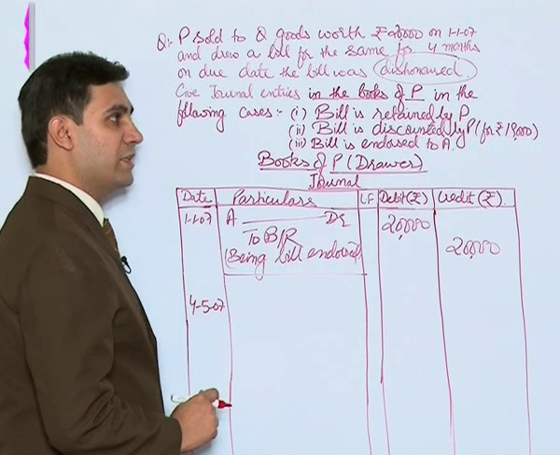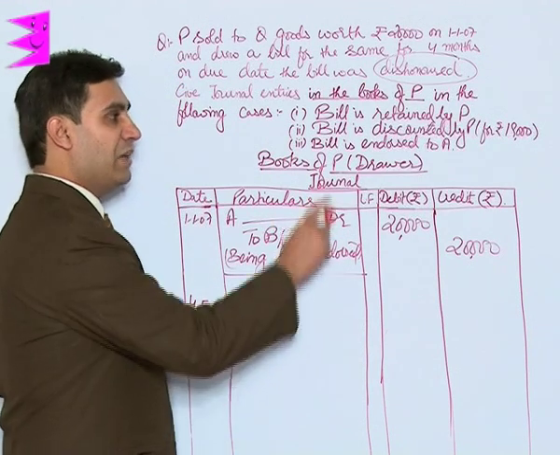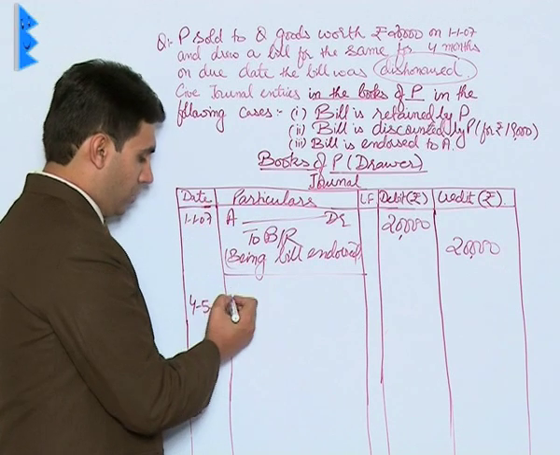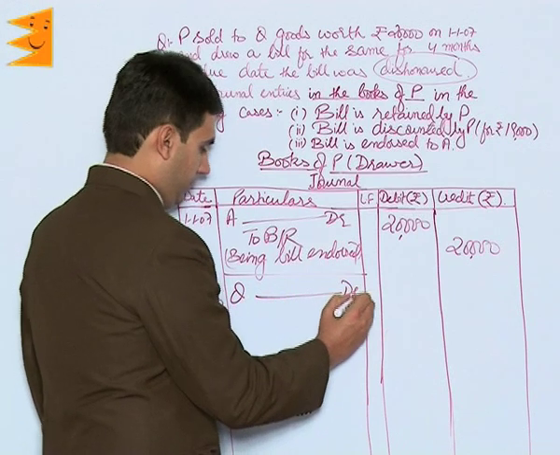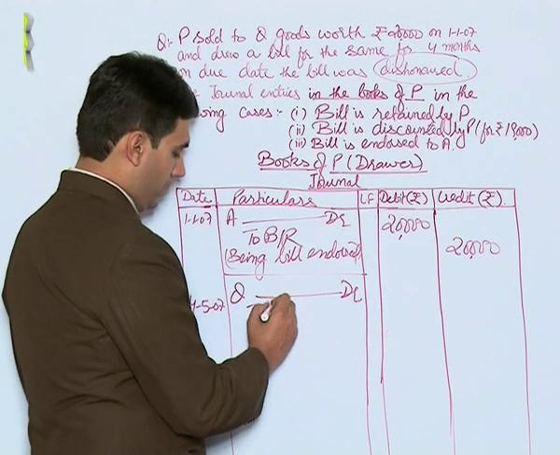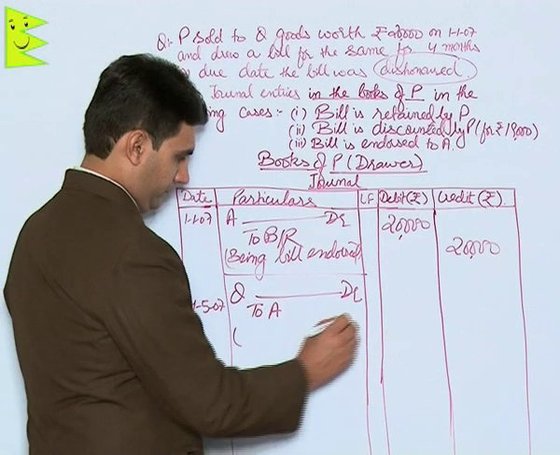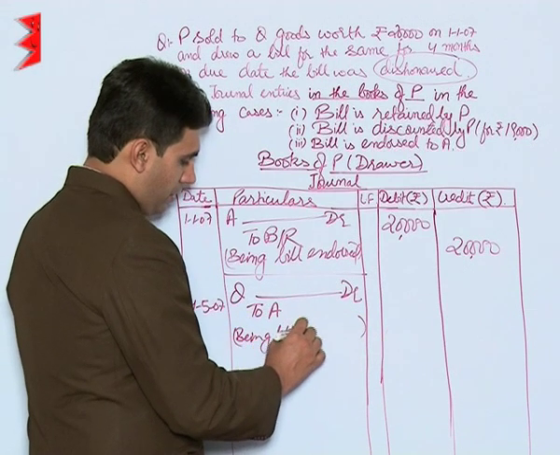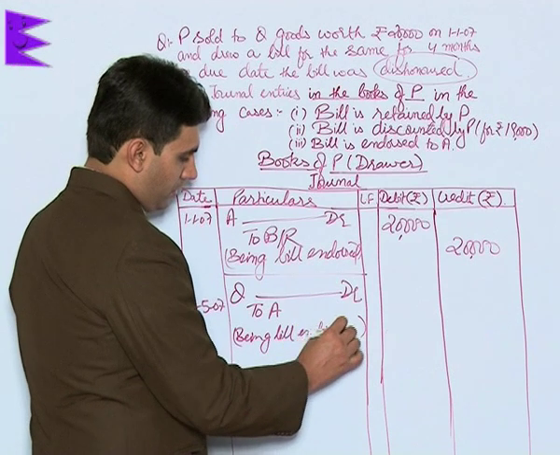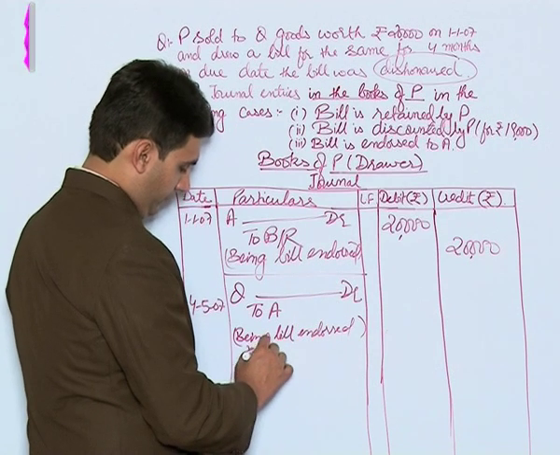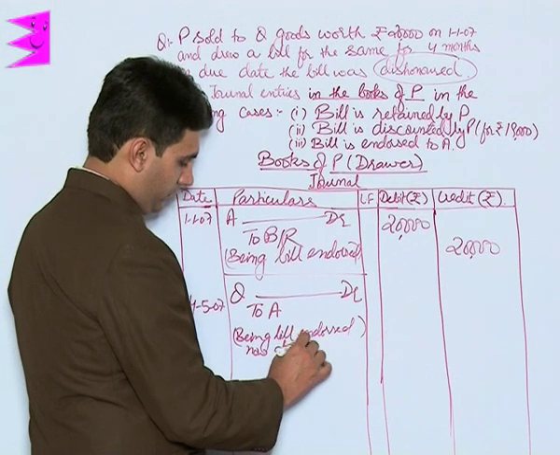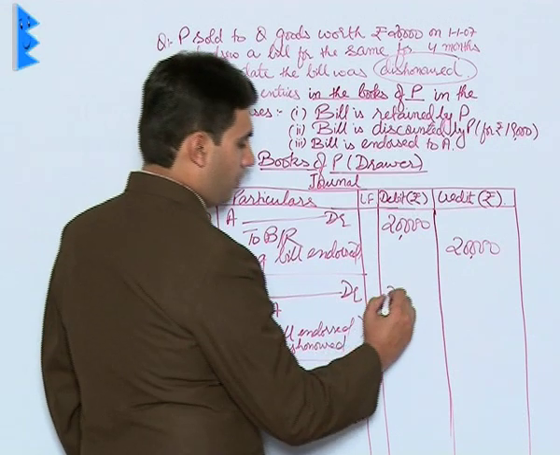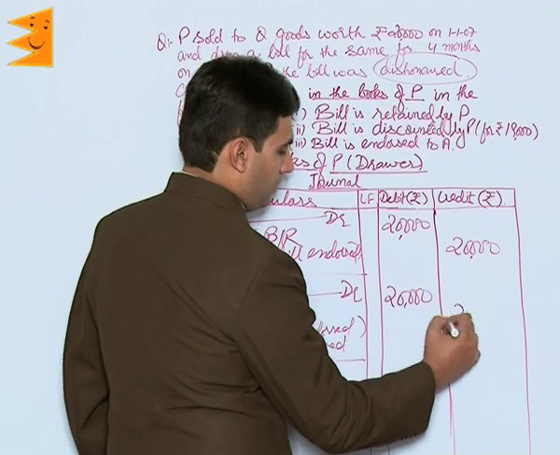Now since this bill has been dishonored, that means P will have to pay A and will actually go and collect this amount from Q. So entry would be Q debited to A. Being bill endorsed, now dishonored. Amount would be 20,000.